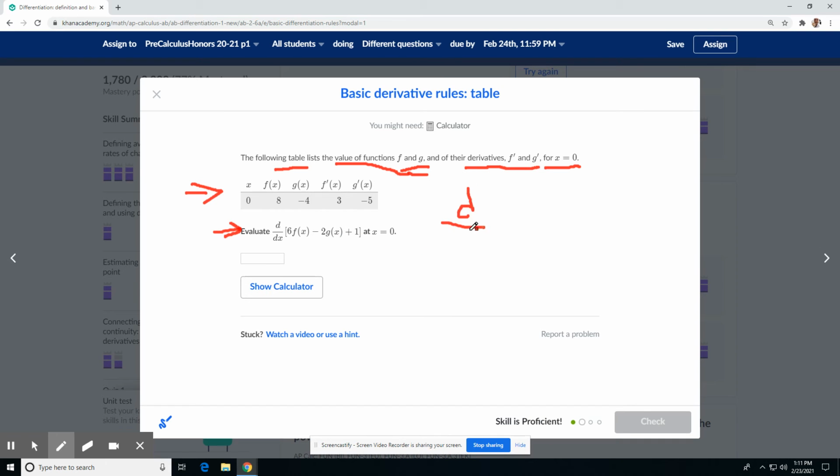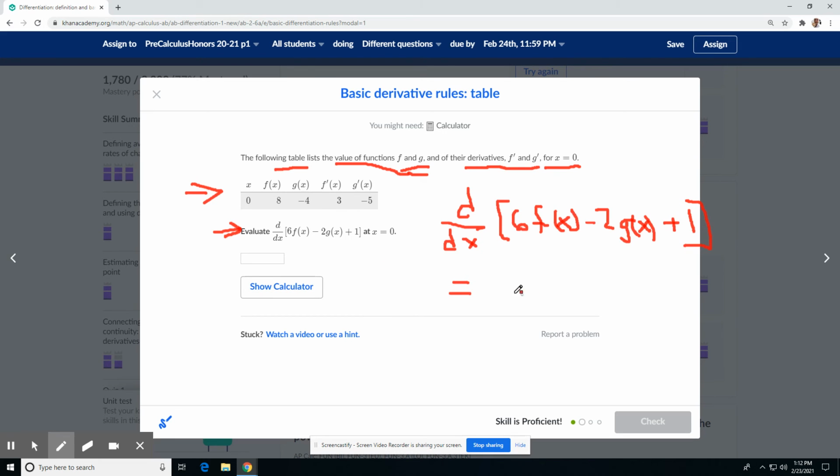So let's just go ahead and rewrite it. 6 times the f function minus 2 times the g function plus 1. All right. And then they want us to plug in 0. But let's go ahead and do the derivative first.